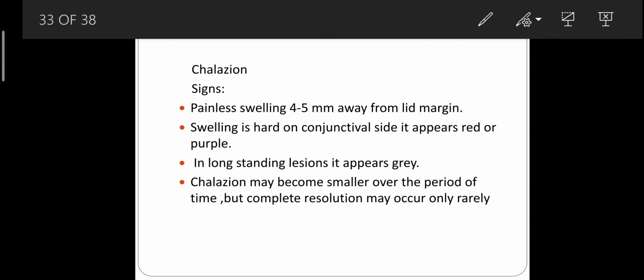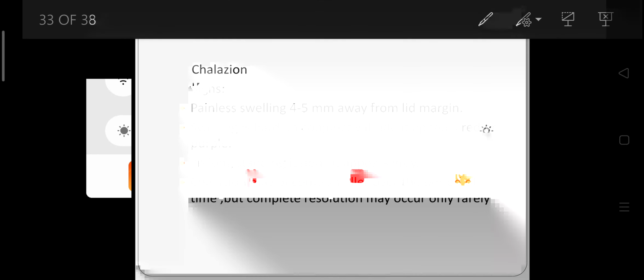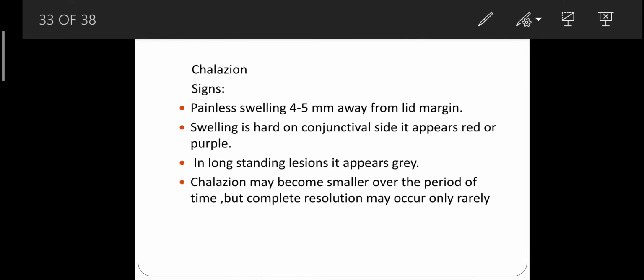So coming to the signs of chalazion. One thing I forgot to tell: what are the predisposing factors for all these infections, like hordeolum internum, externum, and chalazion? One thing I told you, it can be because of strain or refractive errors in younger children, or in older people because of debilitating conditions like diabetes. Most importantly, even in hordeolum, the other predisposing factors are any lid infections like blepharitis.